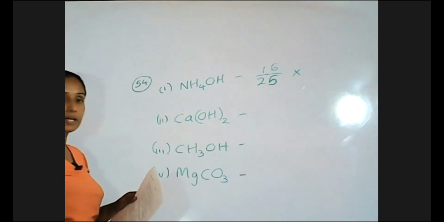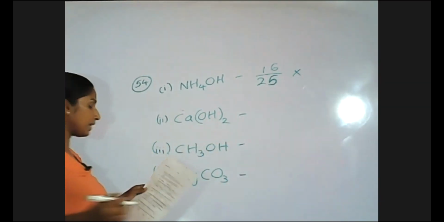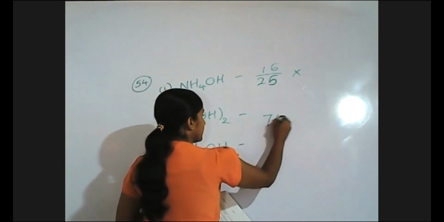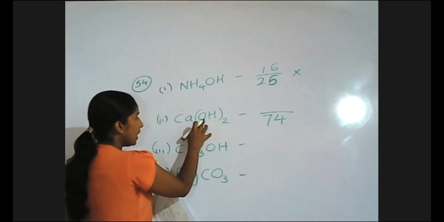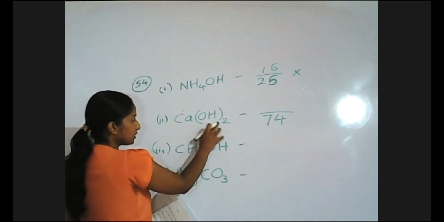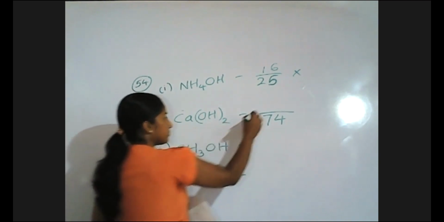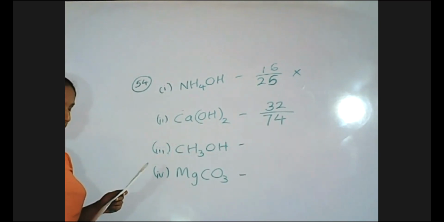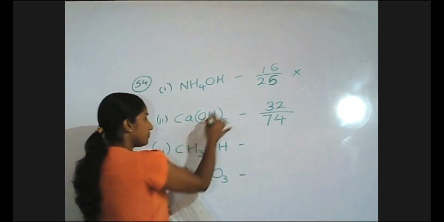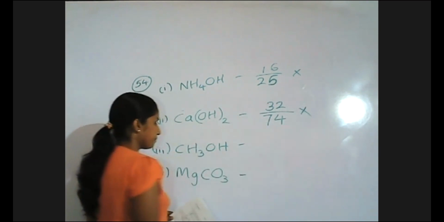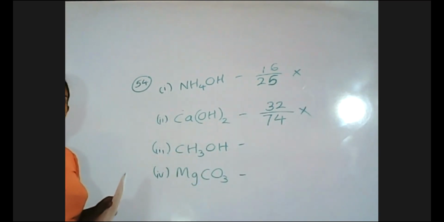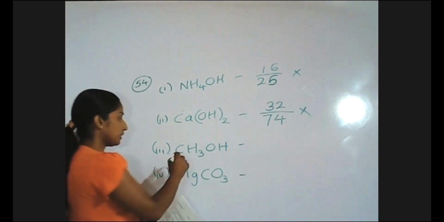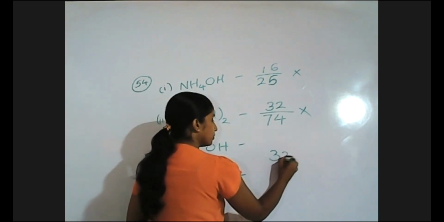Here in calcium hydroxide, what is the molecular mass? It is 74. And here how many oxygen atoms? 2 atoms are there. That means 32. Is it half of the total mass? No. Then this one, CH3OH. What is the total mass? 32.